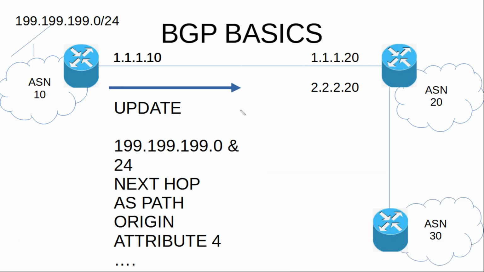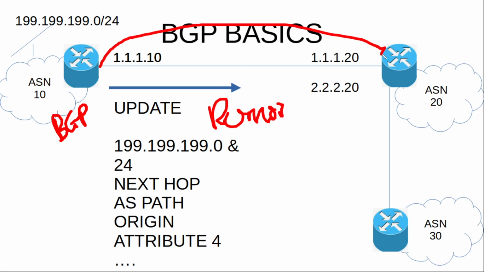Now, once everything is set up, the routers are ready to actually advertise prefixes. We are going to use BGP update messages in order to route by rumor. So this device is going to let its neighbors know about the prefixes this device knows.